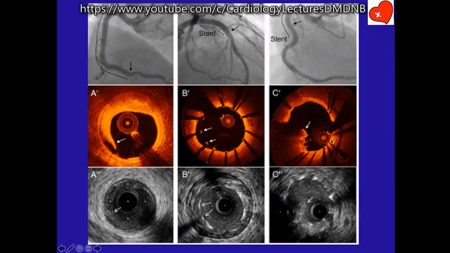We don't see the struts properly here, but here the struts are properly touching the intima everywhere. In ultrasound, we see the struts of the stent. Okay, and this is a thrombus forming under the stent and protruding through the struts of the stent into the lumen. Fresh thrombus. Okay, sir. Okay.